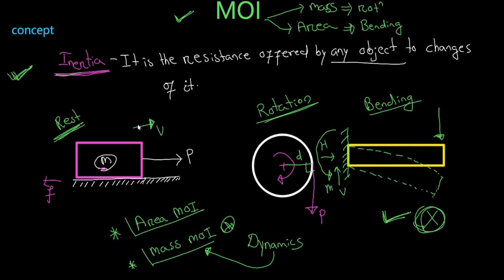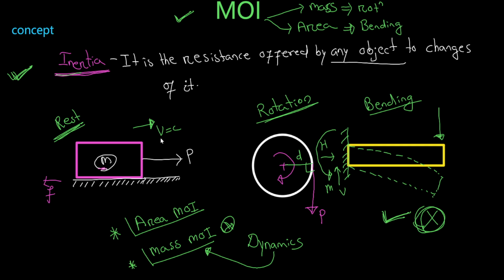It says if an object is in uniform motion, that object will try to stay in that uniform motion. Suppose it is applying some force of P newtons and the object is moving with a constant uniform velocity v. Then Newton's law says the object will continue its motion with the same velocity because of the inertia.